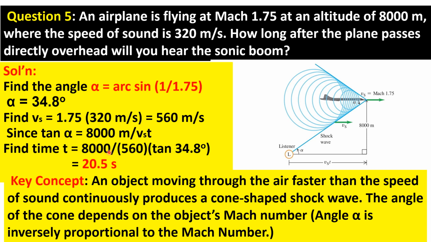So using your calculator again, we can calculate the time t, which is equal to 20.5 seconds. So that is the time that you will have to wait after the airplane has passed you overhead. It takes 20.5 seconds before you will be able to hear the sonic boom.